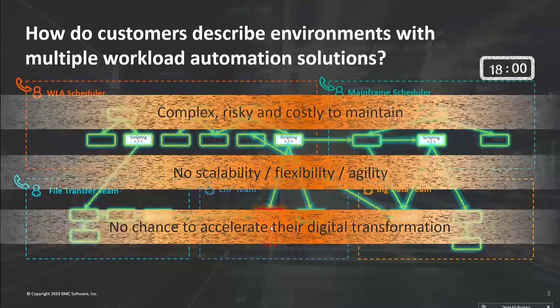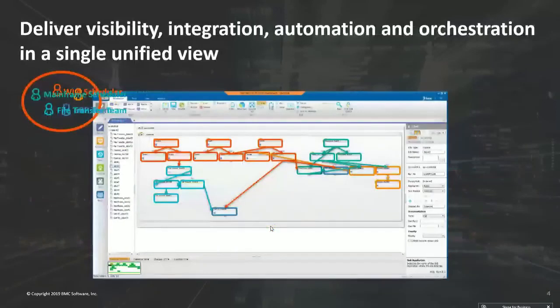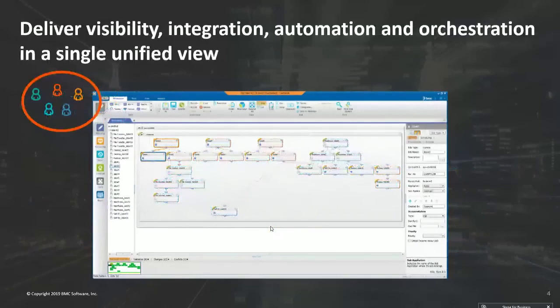So if you are in a similar situation, and you'd like to get to a single workflow orchestration, but you are struggling with how to get there, this webinar is for you. Because the rest of the presentation is based on the assumption that you recognize that an end-to-end single workflow orchestration, mainframe to multi-cloud, including a variety of applications, including file transfer and other data sources, is critical for innovation.